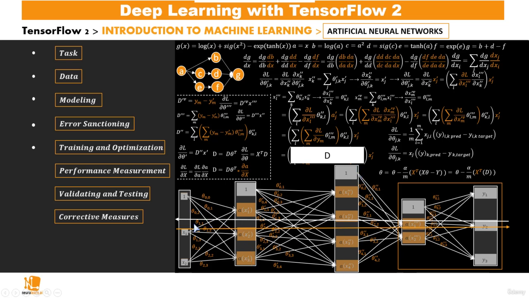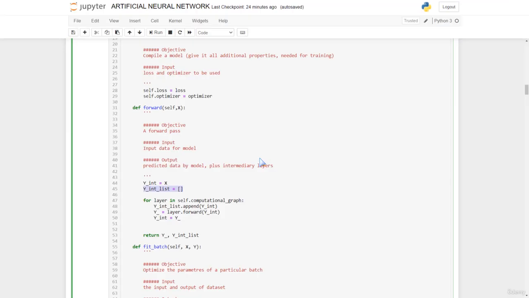And so that's why when going through this forward pass, every time we have a result, we store it in a list, y_int list, such that during the back pass, we'll collect those values from y_int list and do the computation for the partial derivative of the loss with respect to theta. So that's why we have it here like this. So y_int list gets the y, and initially y is x.